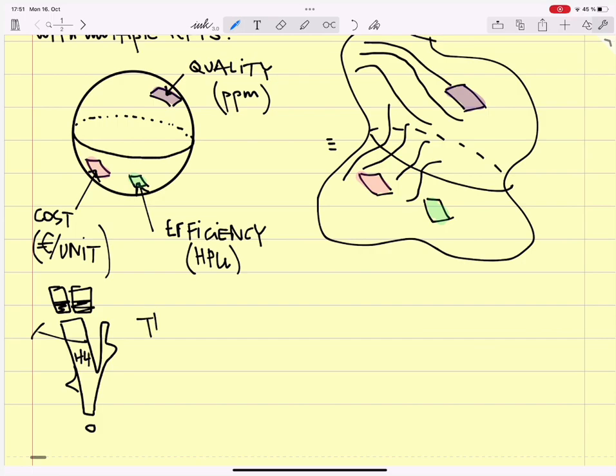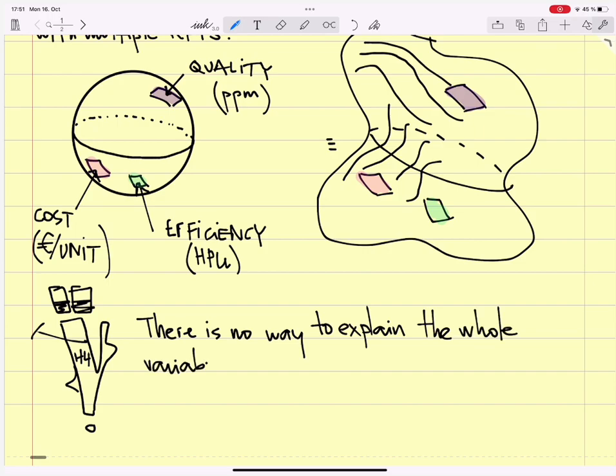There is no way to explain the whole variability of the process with one KPI.